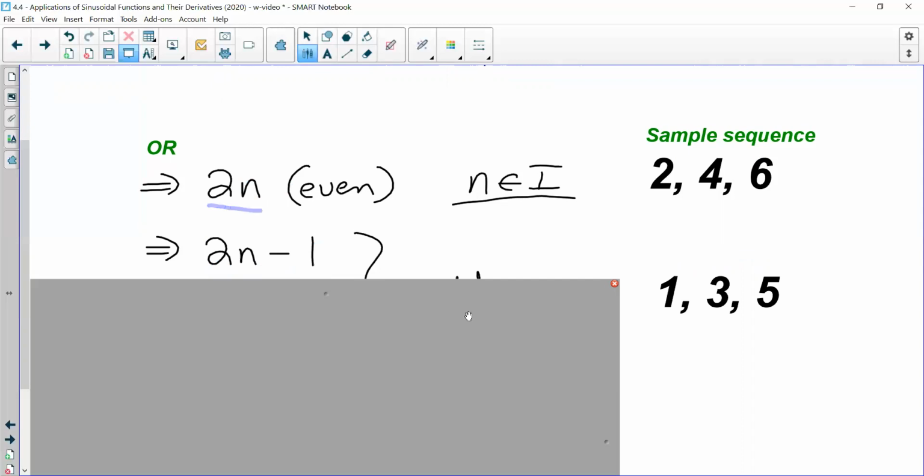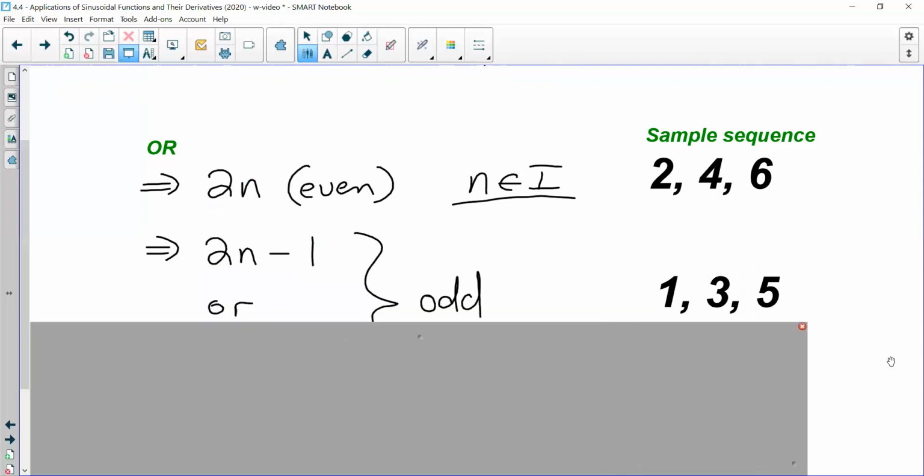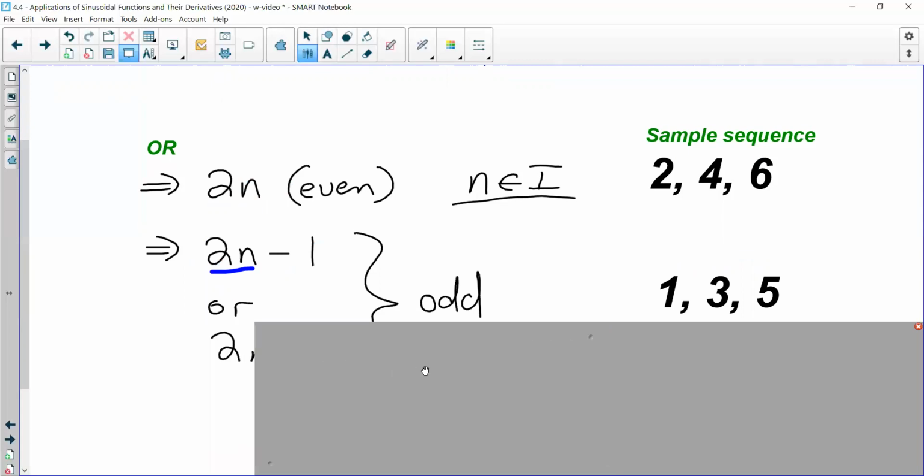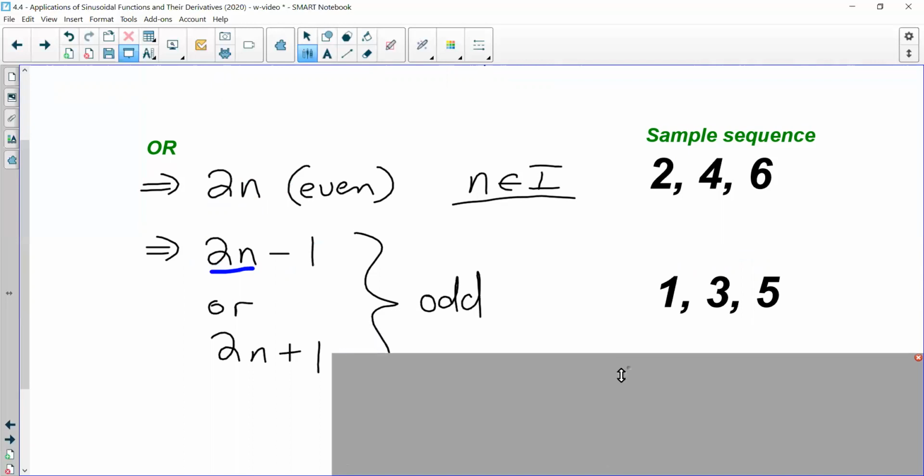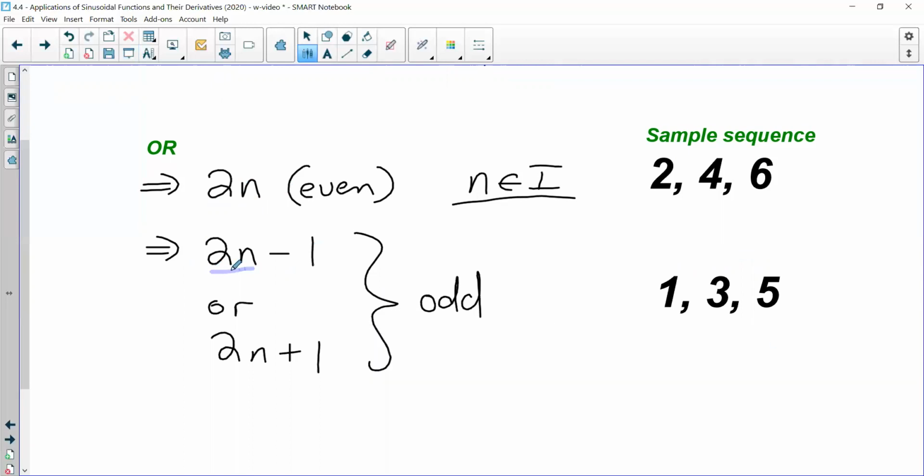But you can also take an even number and add 1 to it, and you'll also get an odd number. So either one of these patterns, 2n minus 1 or 2n plus 1, can represent odd values that you need for your pattern.